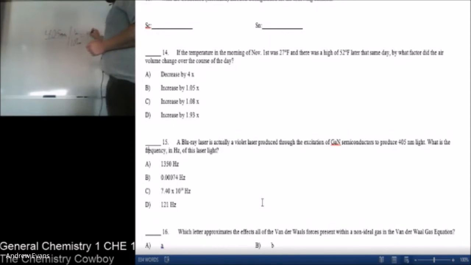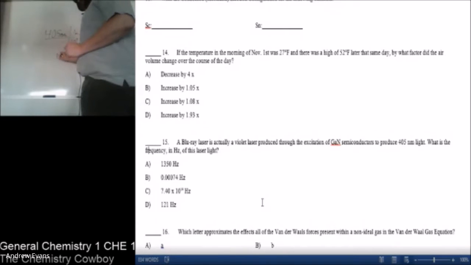You get 4.05 times 10 to the negative 7th meters. Then you take the speed of light, 3 times 10 to the 8th meters per second, divided by 4.05 times 10 to the negative 7th meters, and that gives you your answer.